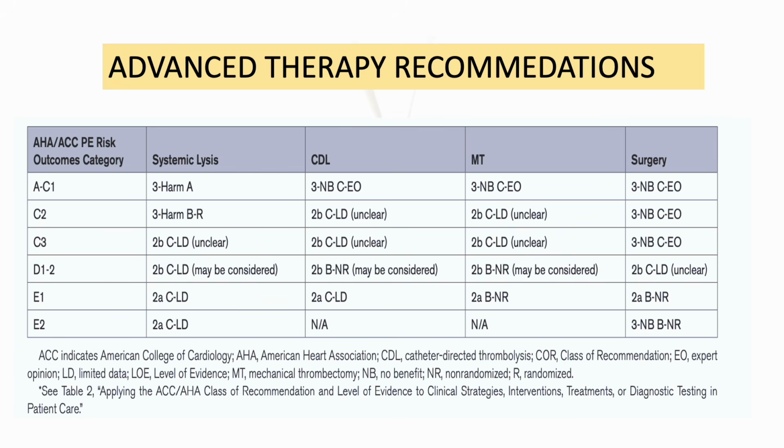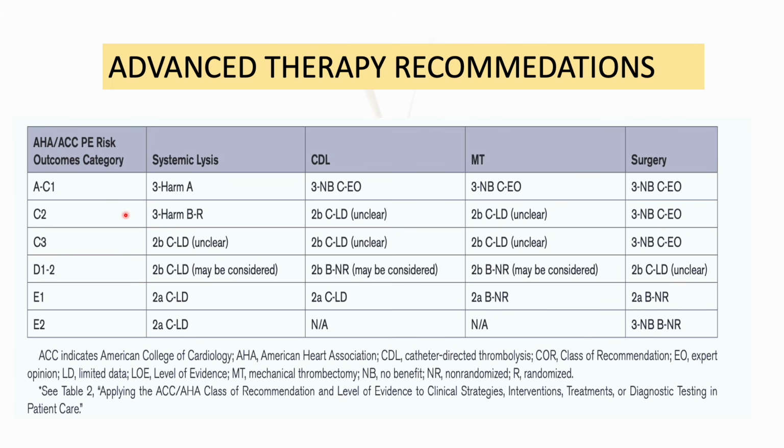If we look at patients with class A to C1 PE risk outcome category as discussed in the previous videos, then most of these patients will have a harm or no benefit with systemic lysis and advanced reperfusion techniques. So to say, patients in the milder group till the C1 outcome category will not require thrombolysis or any advanced technique.